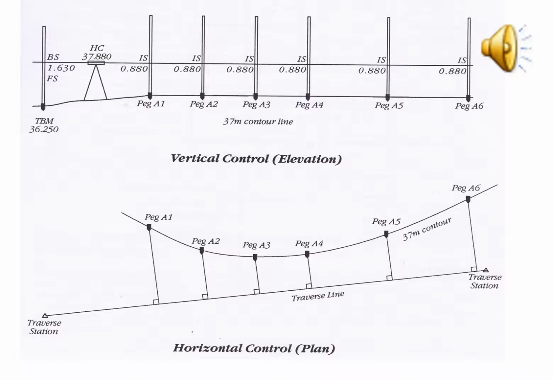When you get back to the office, you can draw the location of those pegs on plan, and then draw a line between them all, which indicates the 37 metre contour. So that's vertical control or elevation, step 1, and step 2 is to measure where the pegs actually are on the ground, so you can put it on a drawing.